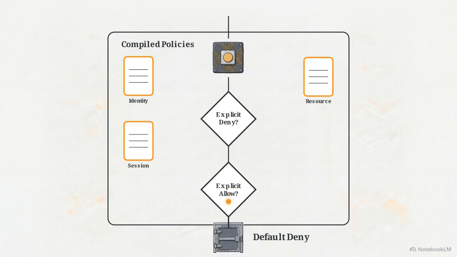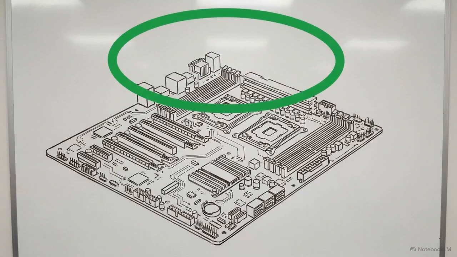If a valid allow is located, the request is approved and the API call executes. If the engine reaches the end of the compiled policies without finding a single explicit allow, the process reverts to its baseline state. The request remains blocked by the default deny. This closed-loop sequence ensures that no action can execute on AWS without intentional, documented authorization.